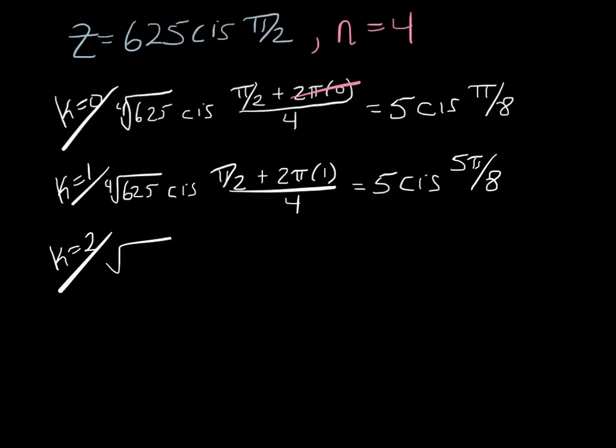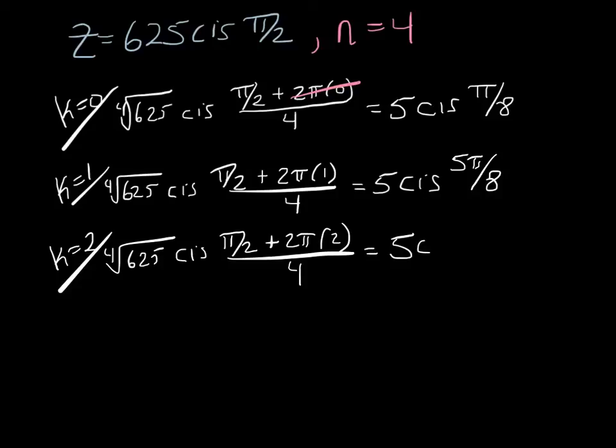K equals 2. The fourth root of 625 cis pi over 2 plus 2 pi times 2 over 4 is 5 cis. So now what do we have? We've got 4 pi plus pi over 2. That's 9 pi over 2. So 9 pi over 2 over 4 is 9 pi over 8.